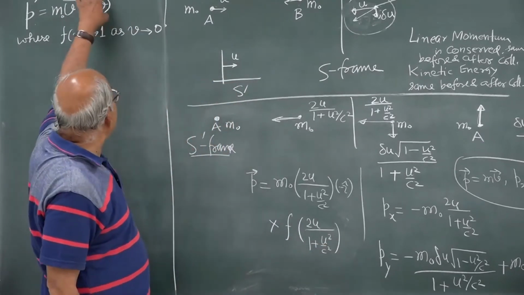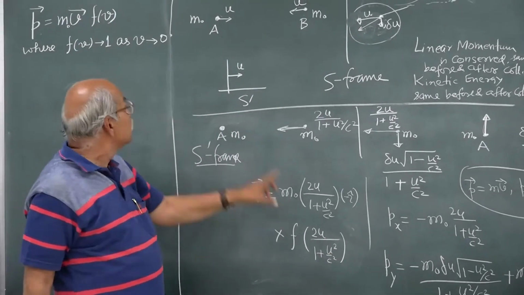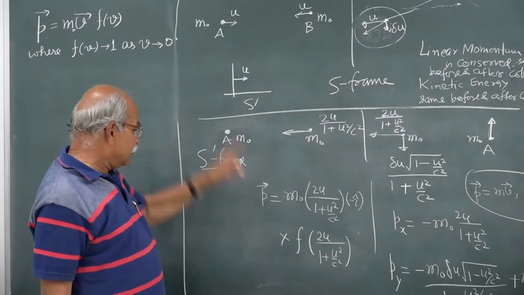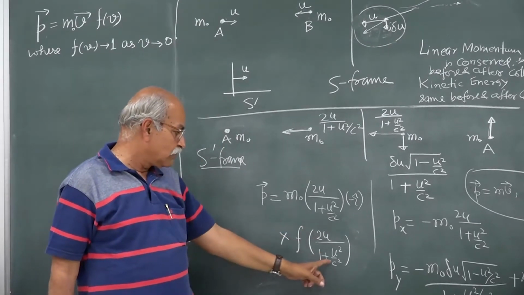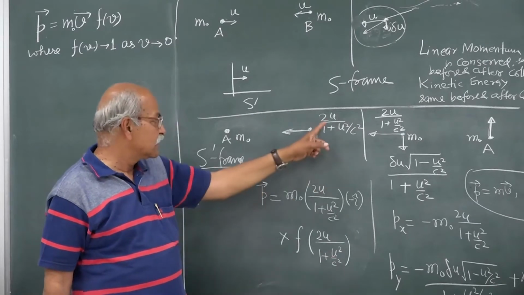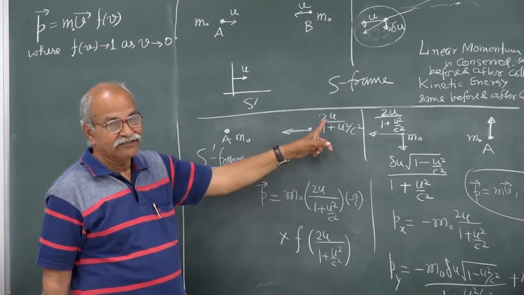Whatever is the functional form, that same functional form, but in place of this v you have to write 2u by 1 plus u square by c square, that is the speed here.